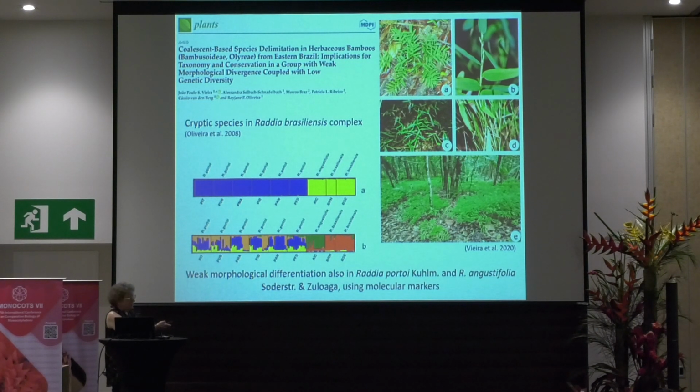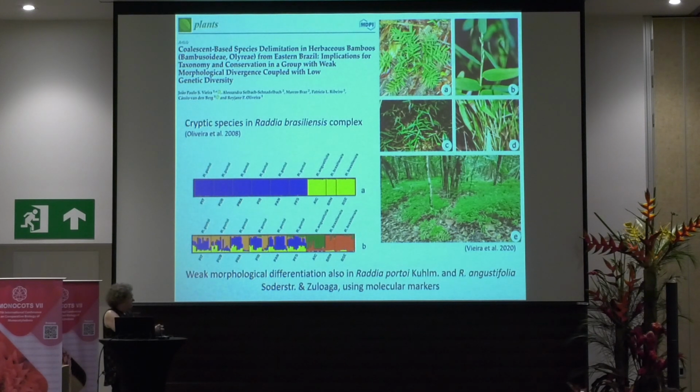Another case from Radia, just briefly, we have Radia angustifolia and Radia portoi, and they look morphologically very similar, but when you do a genetic analysis, there's brasiliensis right there. This is angustifolia. Angustifolia clearly is much more closely related to brasiliensis genetically, even though the 2 of them are morphologically very distinct.